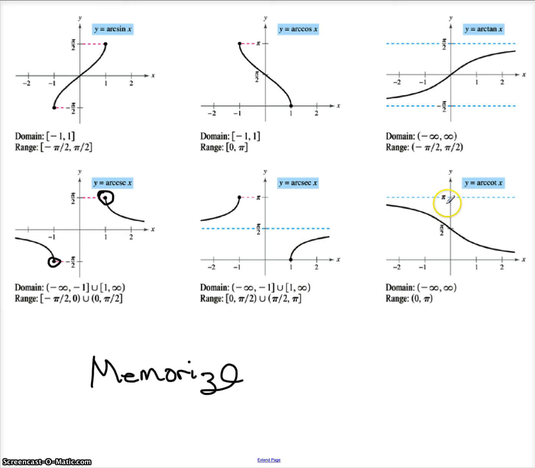While arc cotangent has the asymptotes of 0 and pi, and then it has a range from -infinity to +infinity. We will go through in class mapping these from the sine and the cosine and the tangent functions. It's kind of a cool thing to do. We'll do that in class.